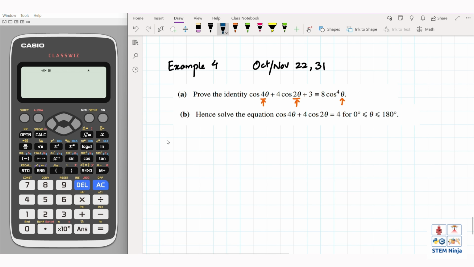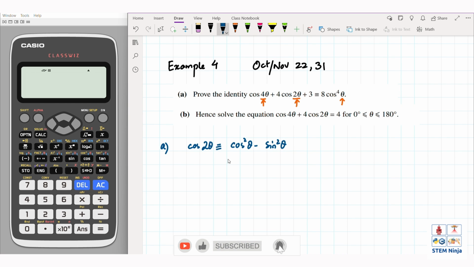So let's see. The way we can handle it is by dealing with cos 4 theta and cos 2 theta separately, and then we turn the left hand side. So we know that cos 2 theta can be written as cos squared theta minus sine squared theta, or it could be written as 2 cos squared theta minus 1.